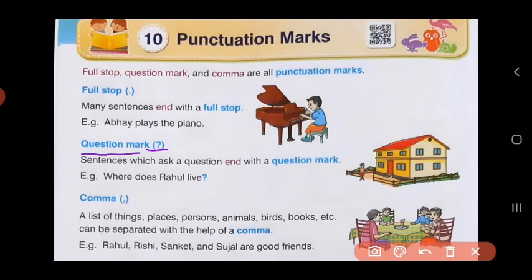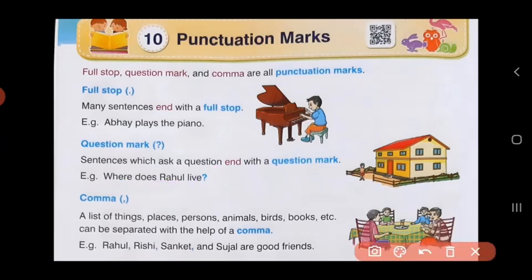So whenever you end the sentence, we put a question mark. Sentences which ask a question end with a question mark. Let's see an example. Where does Rahul live? This is the question. But at the end, instead of a full stop, we add a question mark.